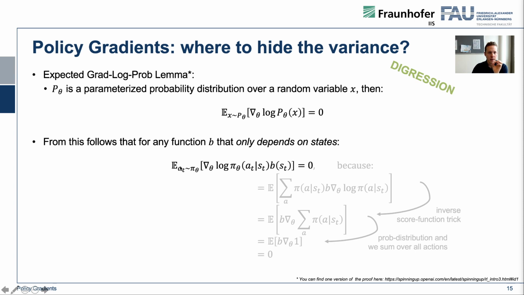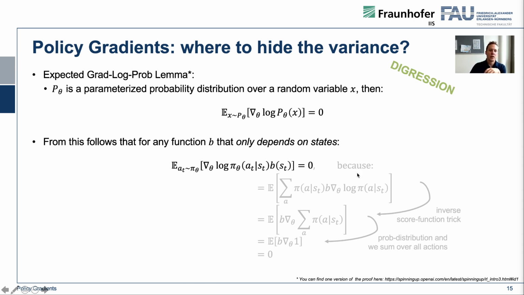If we take the expectation over actions that we draw from our policy pi along the trajectory tau, which is what we do, then the policy gradient times our baseline that depends on s_t is 0. And if this is the case, we can subtract or add such functions as we want to our expectations.